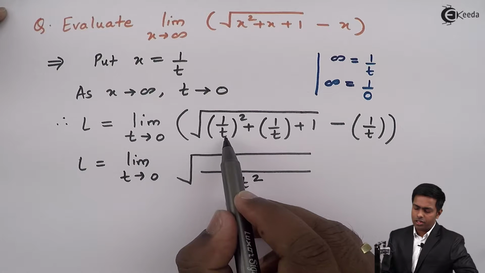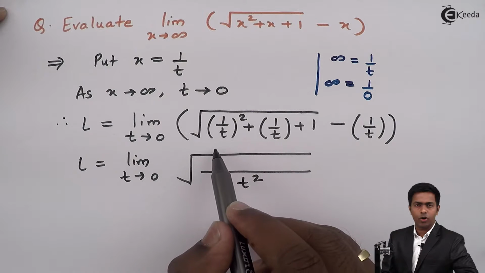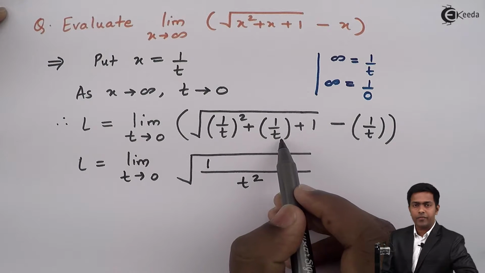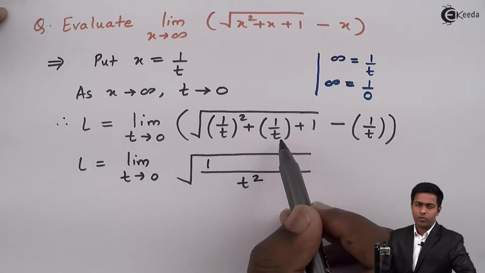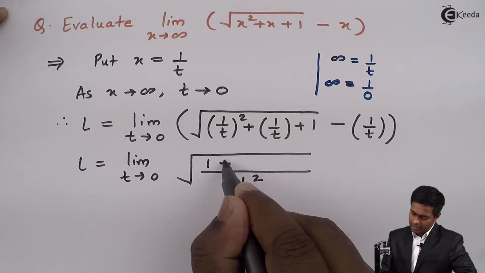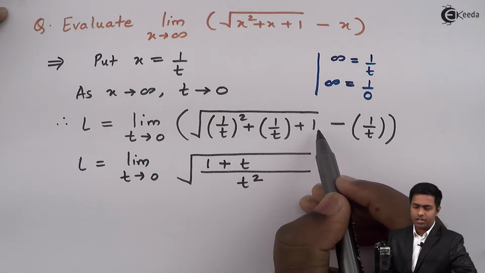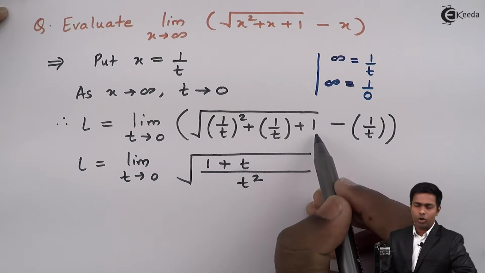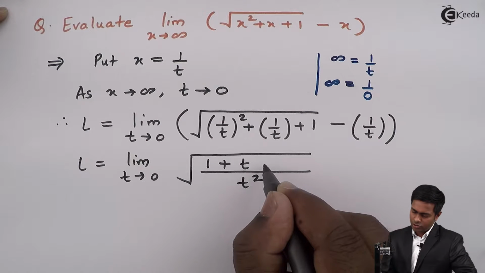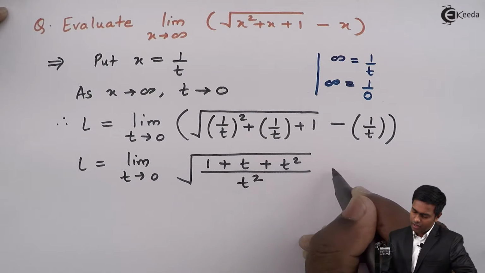In the first term we already have t square in the denominator, so I will copy the numerator as it is. In the second term we have t, so to make t square I will multiply numerator and denominator by t, so here I will get t. And in the third term, to make t square in the denominator, I will multiply numerator and denominator by t square, so here we will get t square.